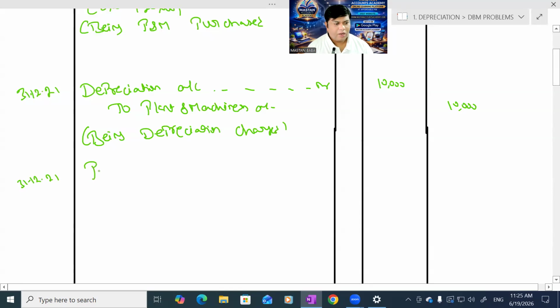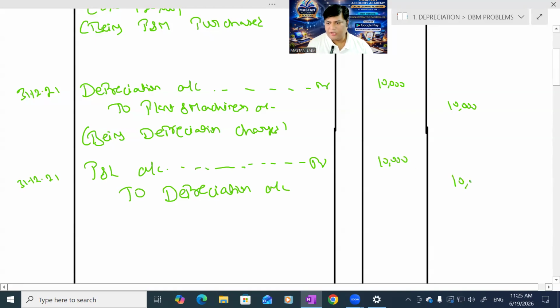The required entry is profit and loss account debit to depreciation account, the same value 10,000, being depreciation transferred to profit and loss account.